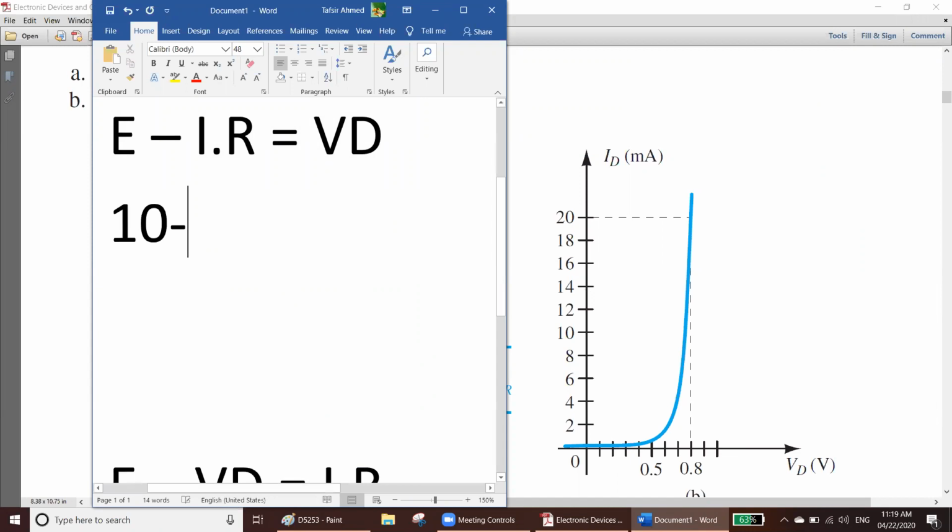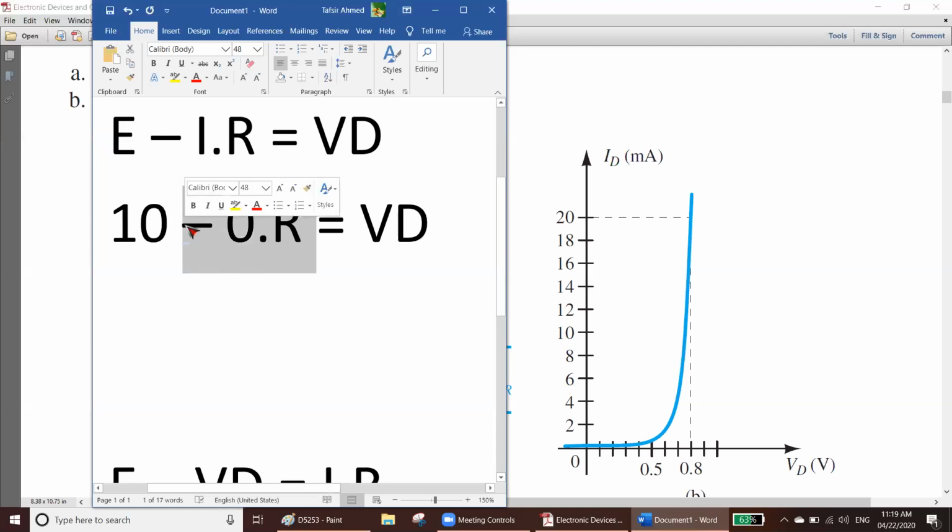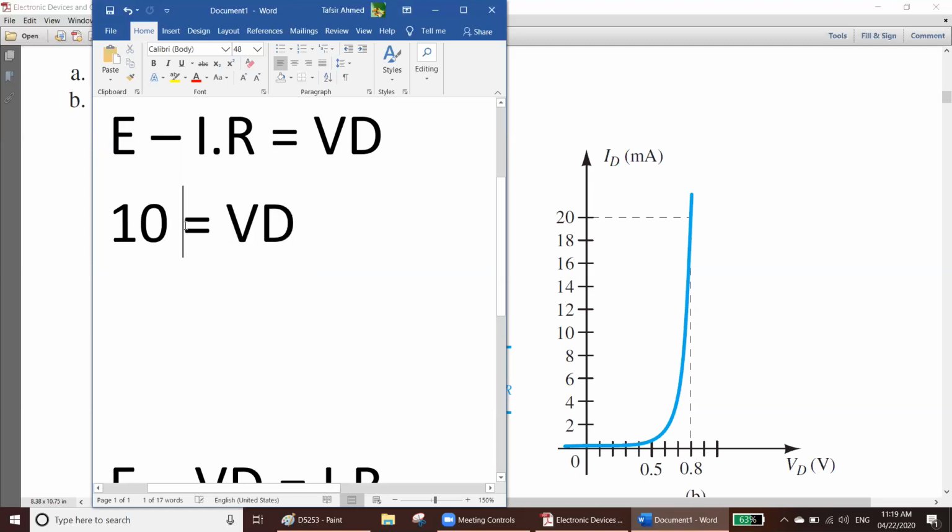So let's put 0 and R, whatever the R is, doesn't matter, is equal to VD. So this whole thing becomes 0 because it is 0 into something, so it will be gone. So your VD is 10. Where is 10? Let's say your VD will be somewhere here, 0.5, 0.8, 1, 2, 3, 4, 5, 6, 7, 8, 9, 10. Somewhere here, right? So your VD will be here.